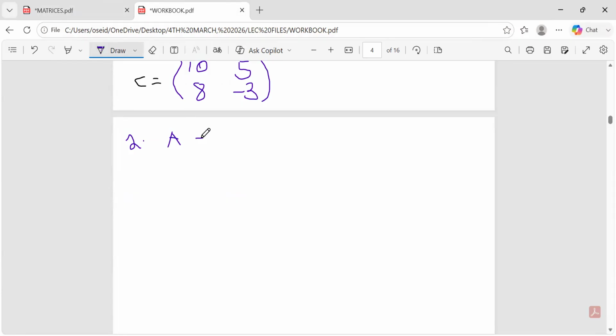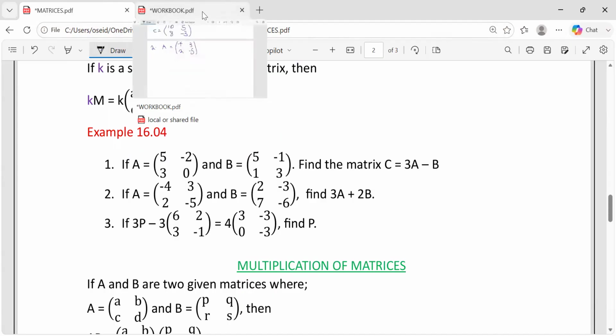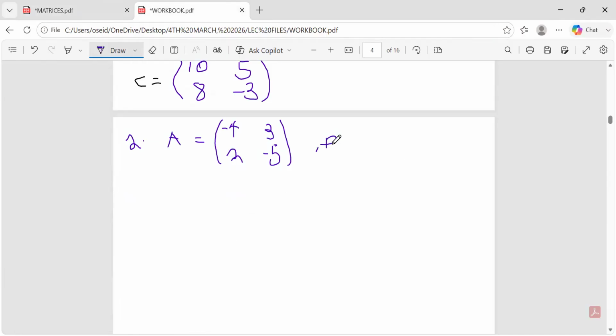A equals -4, 3, 2, -5, bracket close. Then B equals 2, -3, 7, -6.